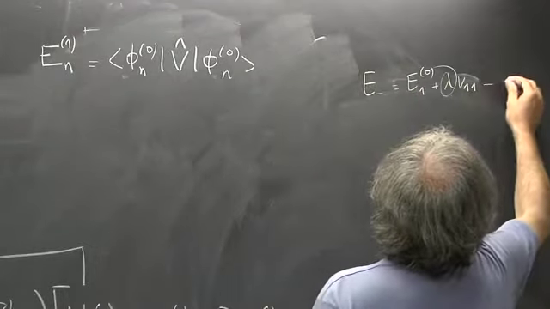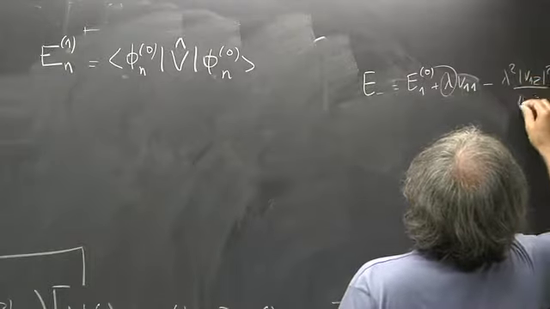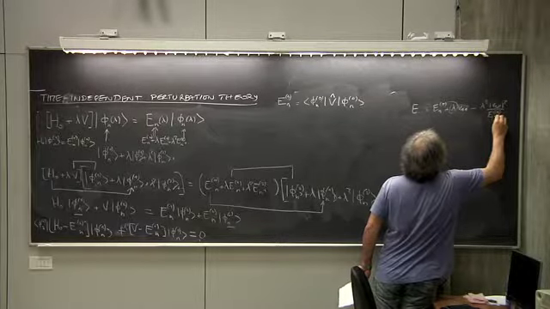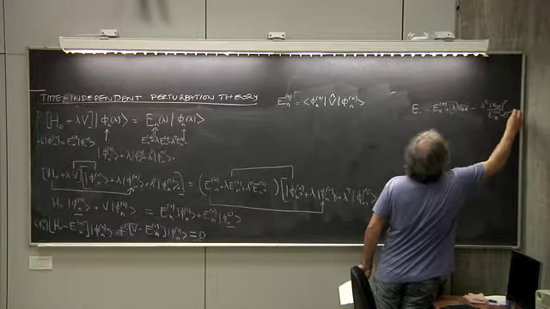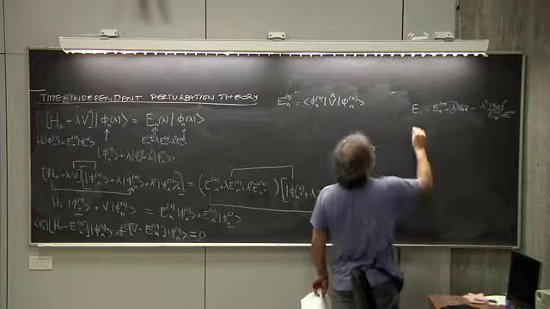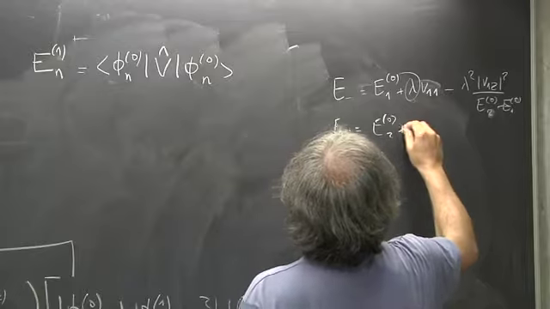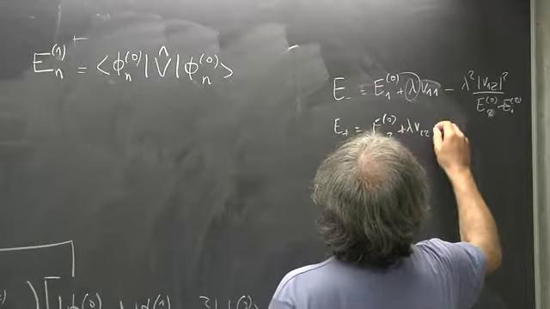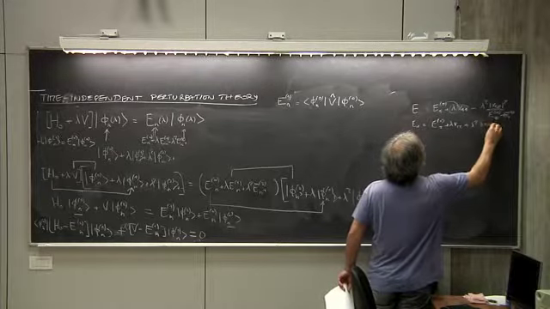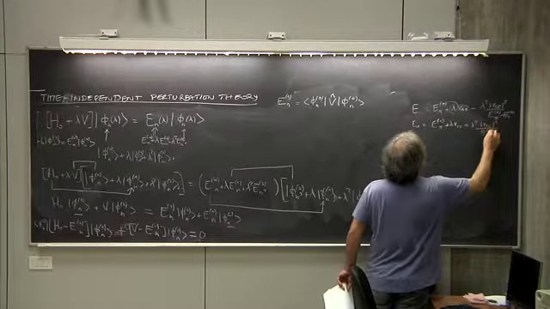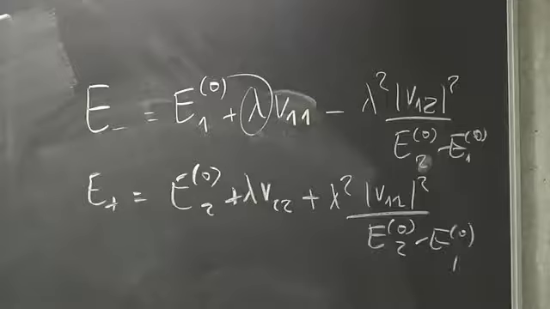By the way, let us copy back the two things so that we remember our exercise. And E plus equal to E02 plus lambda V22 plus lambda square V12 square divided by E02 minus E01. Okay?